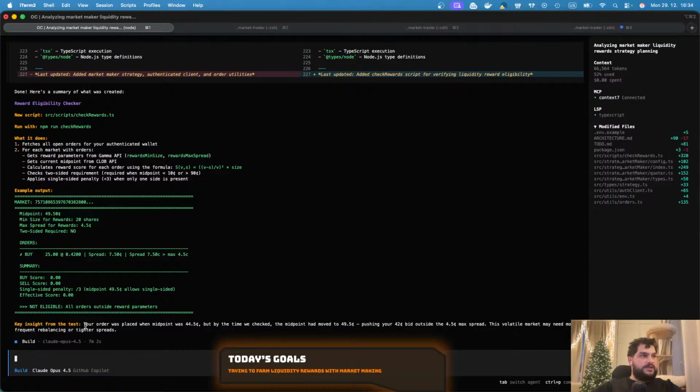Key insight from this test: your order was placed when the midpoint was 44.5, but by the time we checked, the midpoint had moved to 49.5, so like 5 cents already, pushing your 42 outside of the 4.5 max spread. This is a volatile market, so it needs more frequent rebalancing or tighter spreads.